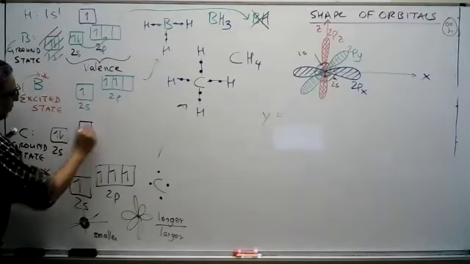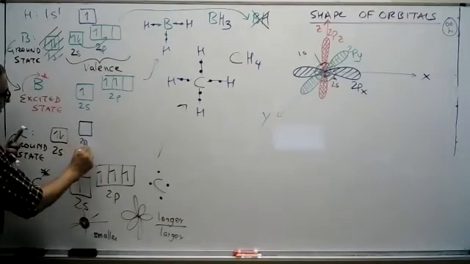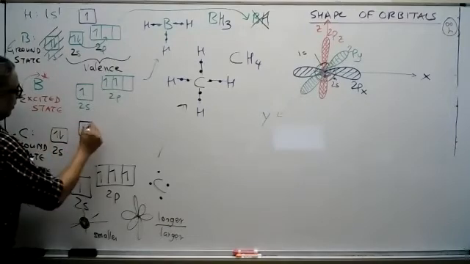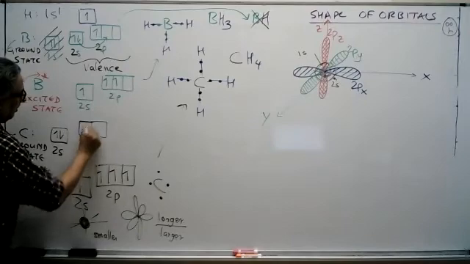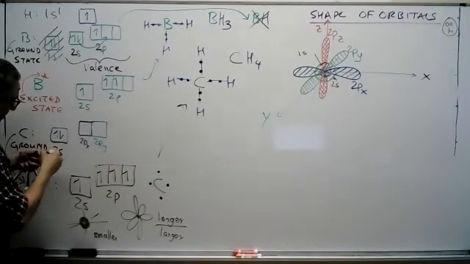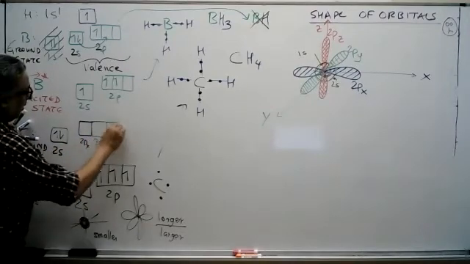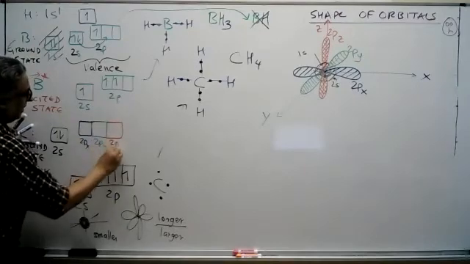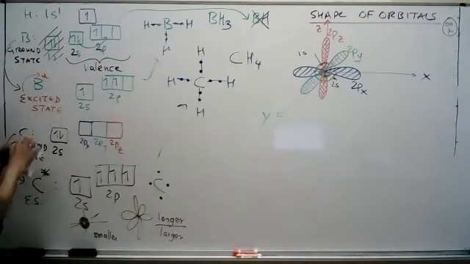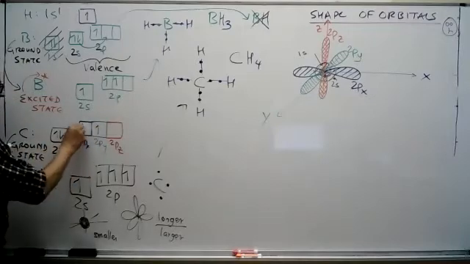So a px orbital, 2px, 2py, and 2pz. Okay? There is an electron here. There is an electron here.